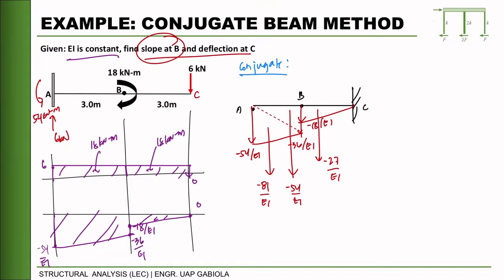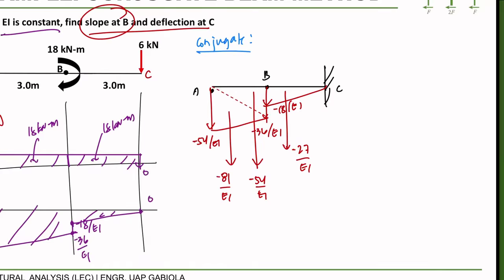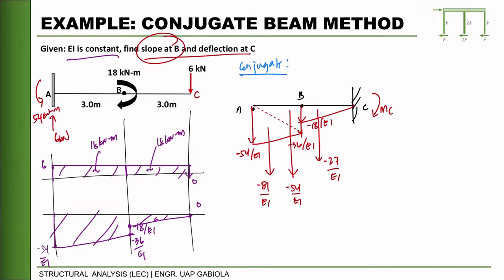Okay, so we need the deflection at C, so we need moment at C. So we'll just need to get the moment at C. Summation of moment at C is equal to 0. So just rotate all forces. So we have negative 81. So let's do the distances.